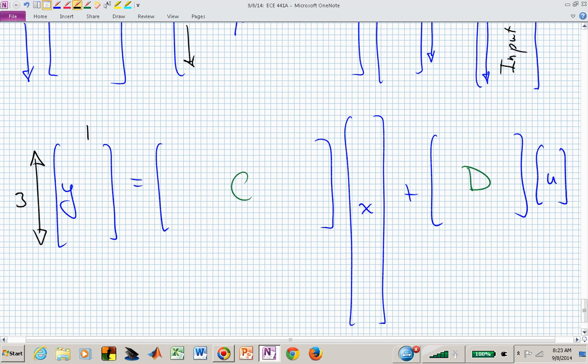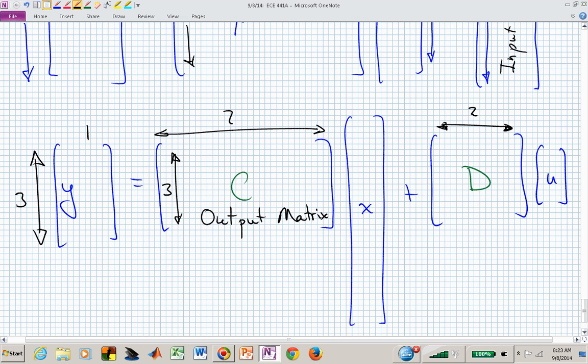We had 3 outputs. That means C, our output matrix, is three rows tall, and how wide is C? It has to be 7. It has to be compatible with the multiplication by the state vector x. How wide is D? It has to be compatible with u, and u was 2 rows tall, so D has to be 2 columns wide.